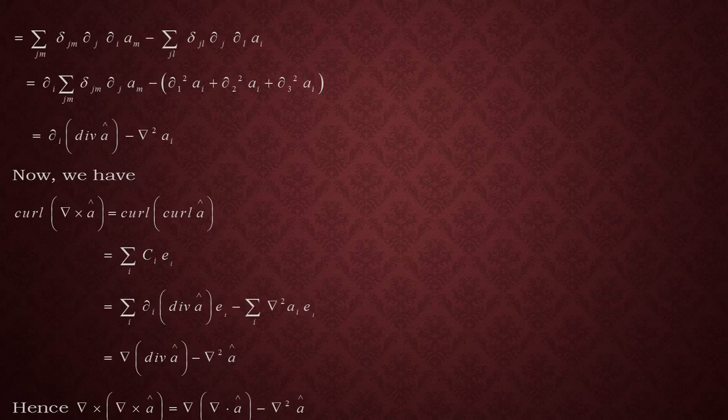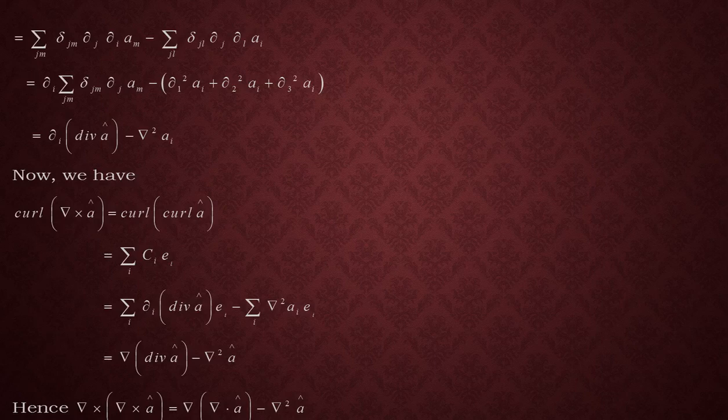The ith component C_i of curl a can be written as C_i equals summation over j, l, m of delta_il delta_jm ∂_j ∂_l a_m minus summation over j, l, m of delta_im delta_jl ∂_j ∂_l a_m.